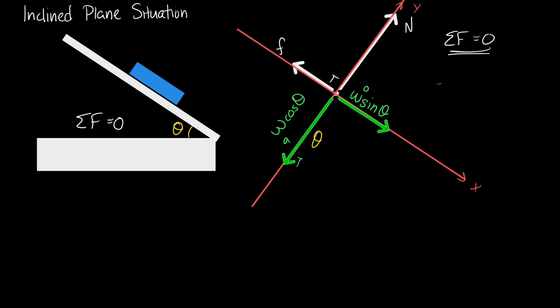In this problem, net force in the x direction equals 0, so we get weight sine theta minus friction equals 0. And we'll get normal force minus weight cosine theta equals 0. This is very common for inclined planes, and it shows up a lot.